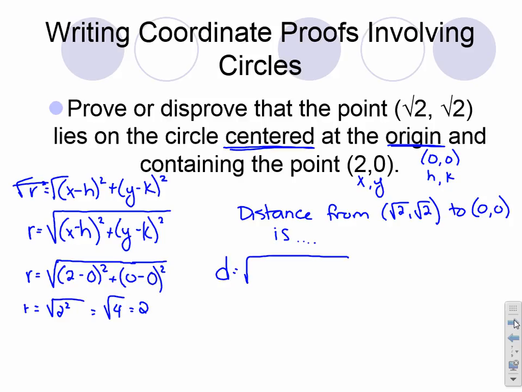Okay, so now what I need to show is that the distance between this point and the origin should be this radius. So now I'm just going to plug in this x and this y with the same h and k. All right, so radical 2 minus 0 squared plus radical 2 minus 0 squared.